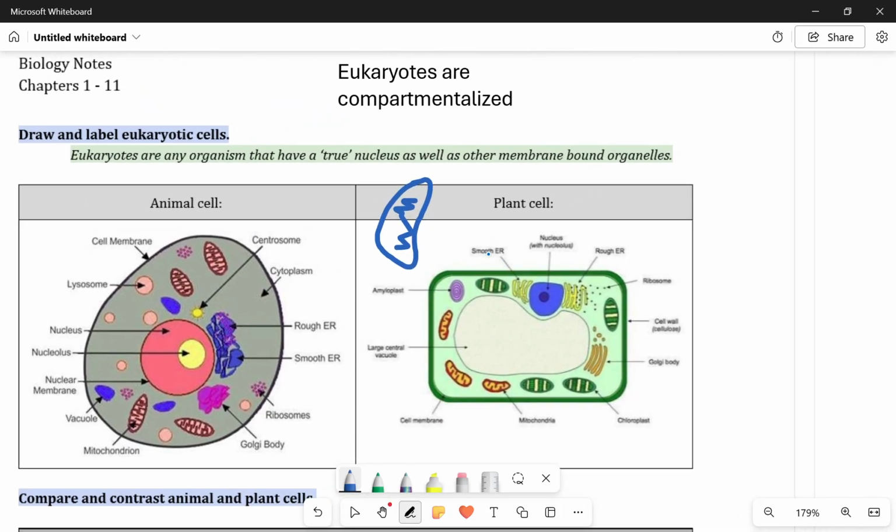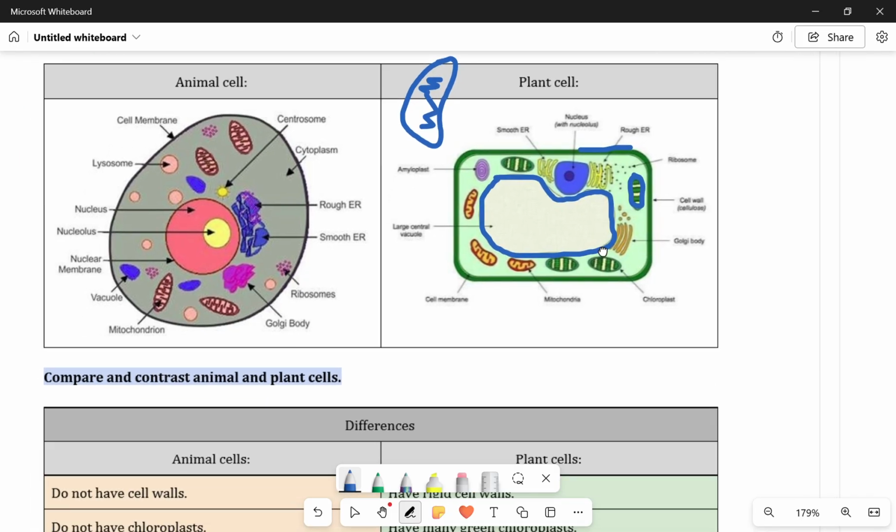Then you have plant cells, which have a large central vacuole to store food and water. Furthermore, they also have a cell wall and chloroplasts.